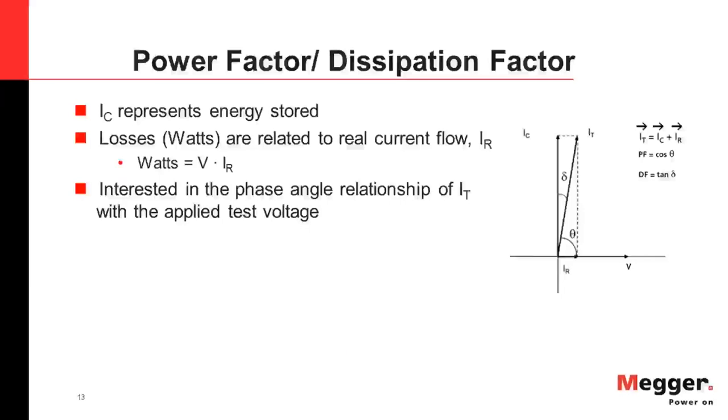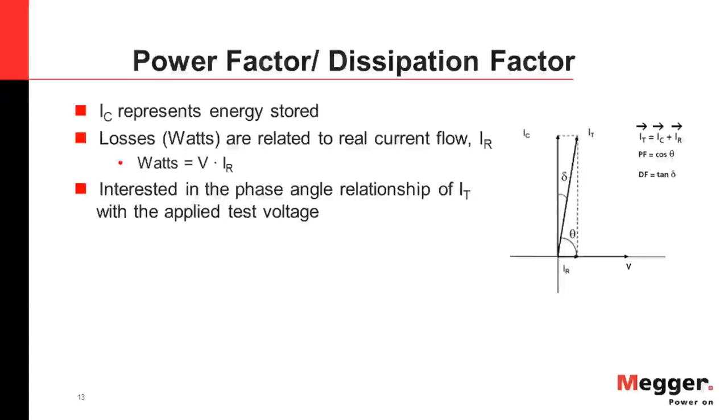And we are interested in the phase angle relationship of this total current with the applied test voltage, which is always assigned a 0 degrees reference phase angle. As the resistive current goes to 0, we have no losses any longer, and power factor or dissipation factor is also equal to 0. And as an insulation ages or becomes contaminated, the resistive current increases and power factor, dissipation factor will often increase too.